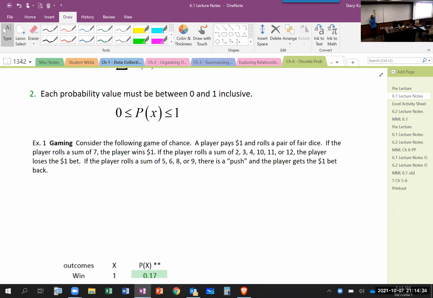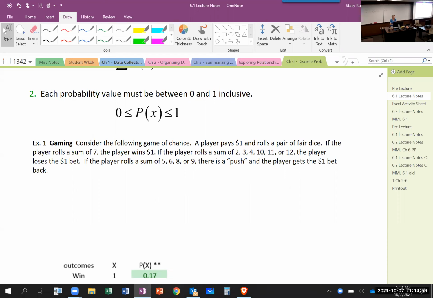A loss, that's if I roll a 2, 3, 4, 10, 11, 12. And a push if I roll 5, 6, 8, or 9.